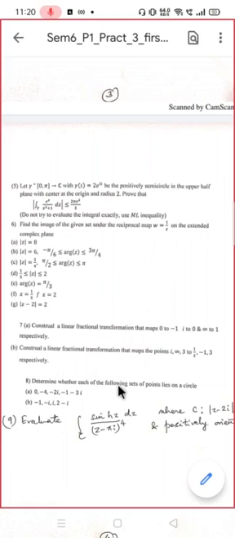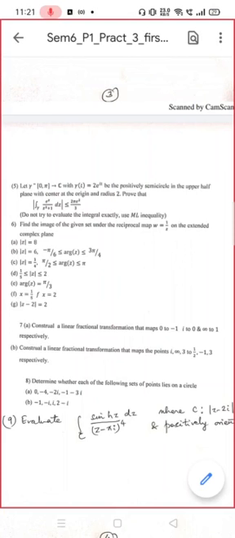Determine whether each of the following sets of points lies on a circle. How will you calculate whether the points lie on a circle or not? They are saying they should lie on a circle. Actually there is a trick.